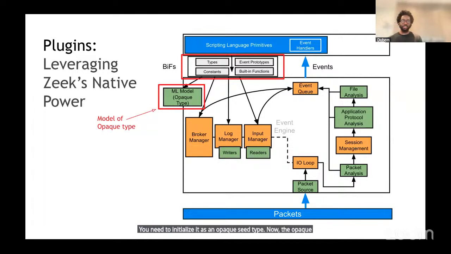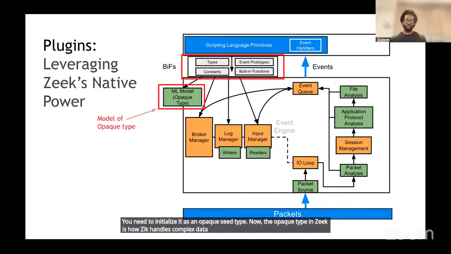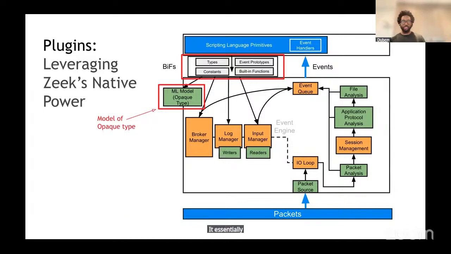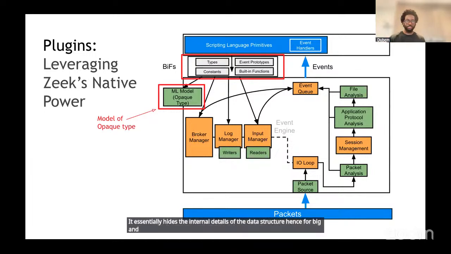Now, the opaque type in Zeek is how Zeek handles complex data or data that originates from outside the Zeek scripting layer. It essentially hides the internal details of the data structure, hence opaque, and allows access to the structure from the script by calling a built-in function or BIF. Essentially, the Zeek scripting layer doesn't directly know or care about the underlying representation of the data.